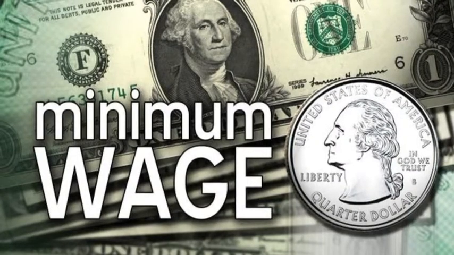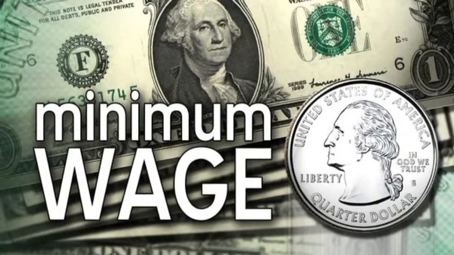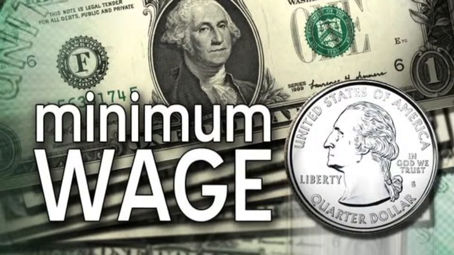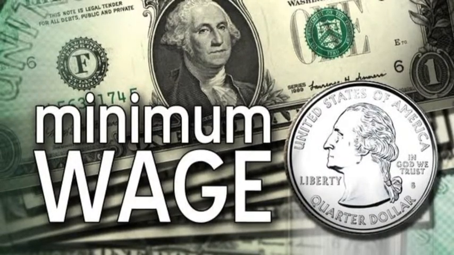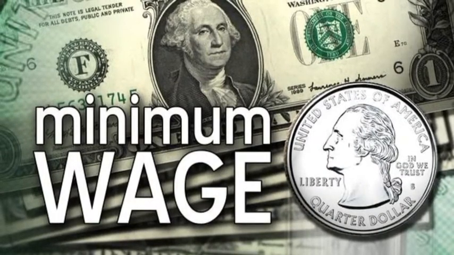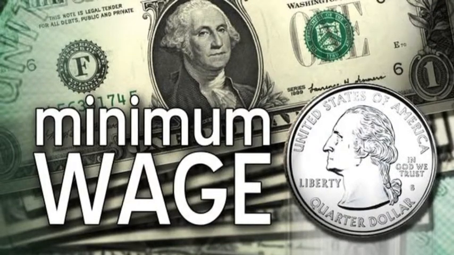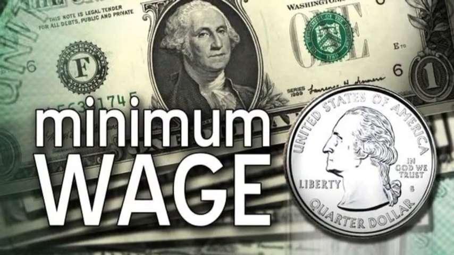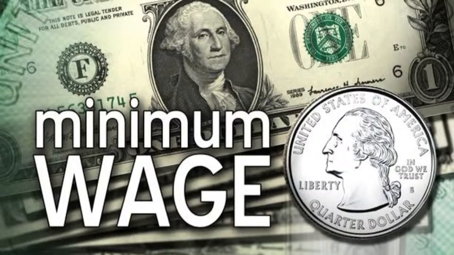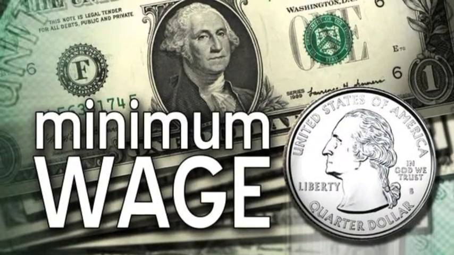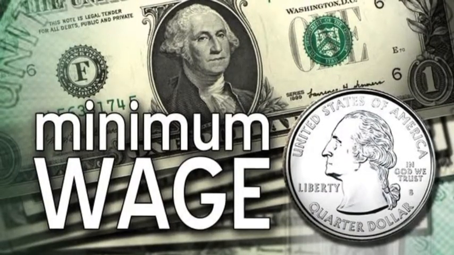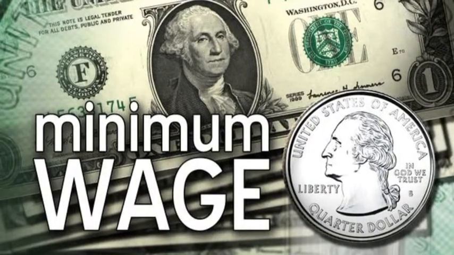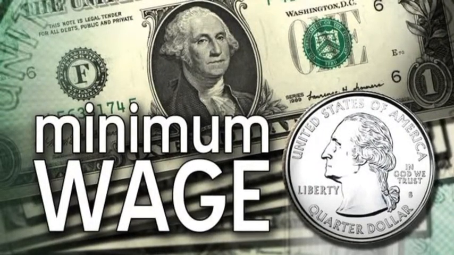In 1961, President John F. Kennedy signed legislation to raise the minimum wage from the then $1 per hour to $1.25 per hour, which was to be put into effect by September of 1963. Kennedy wanted to raise the minimum wage to provide more security for all workers and citizens of the nation.